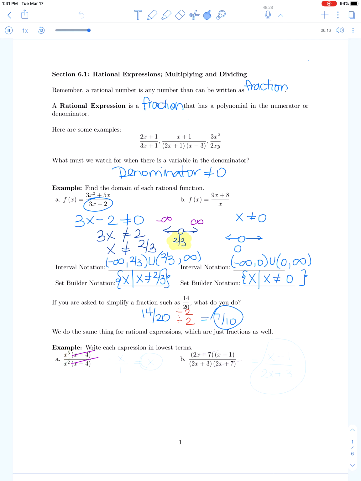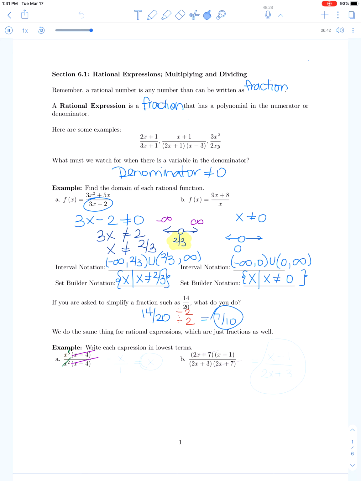Also, notice that there is a common factor of x's on the top and the bottom. Notice that there are 3 x's on the top and 2 x's on the bottom. So we can cancel out 2 of the x's from the bottom with 2 out of 3 of the x's that are on the top. Notice that leaves us with 1 remaining x. Notice though where it is.